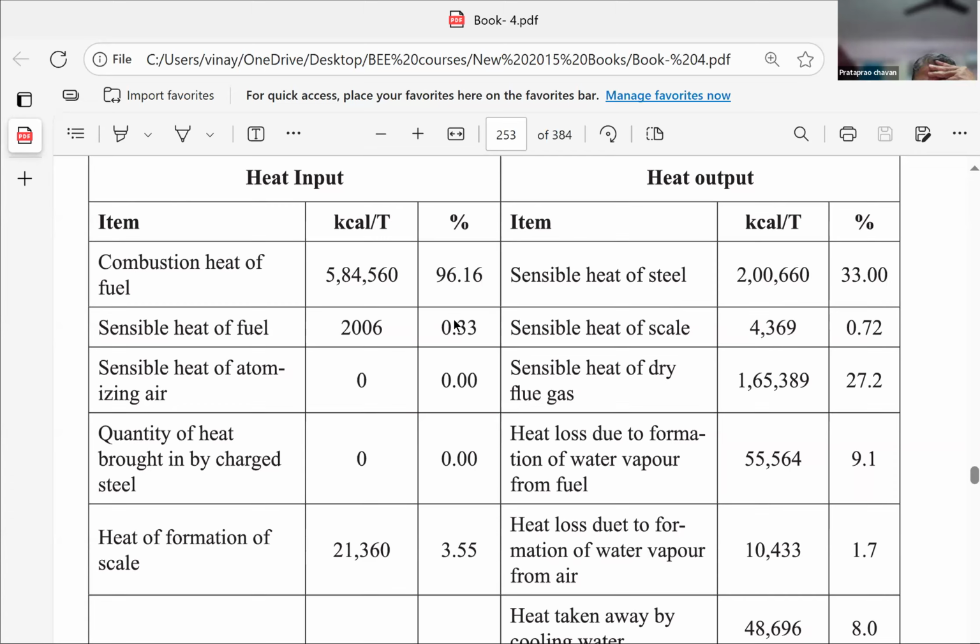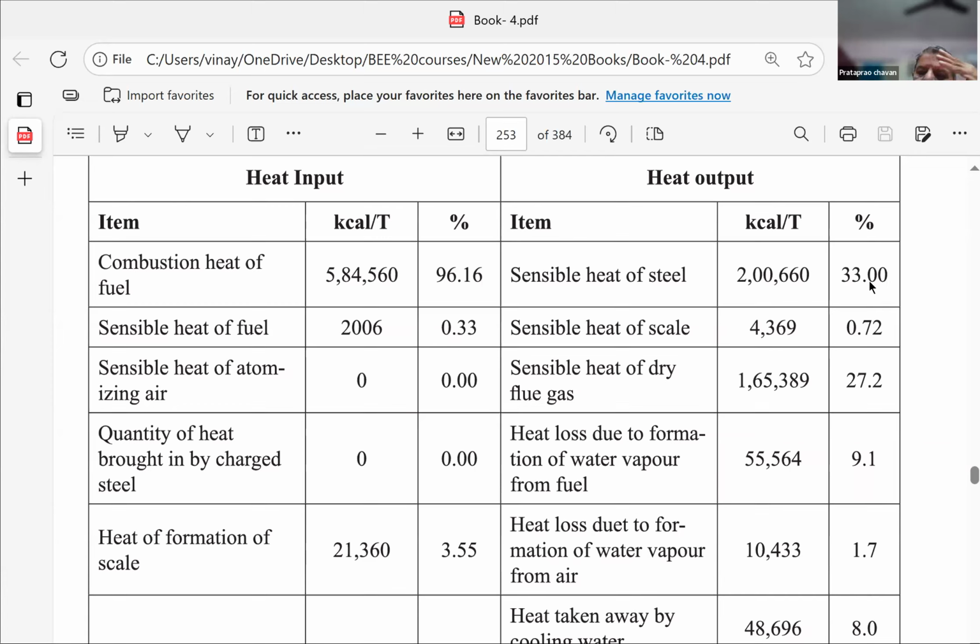That means what? See, roughly, the fuel has put in so much heat, that is 96% of it. Useful heat that has gone out with the final product is 33%. What is the loss? 96 minus 33. Okay, so 63% is the heat loss in this furnace.